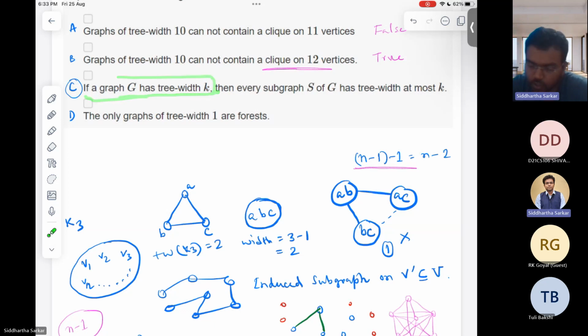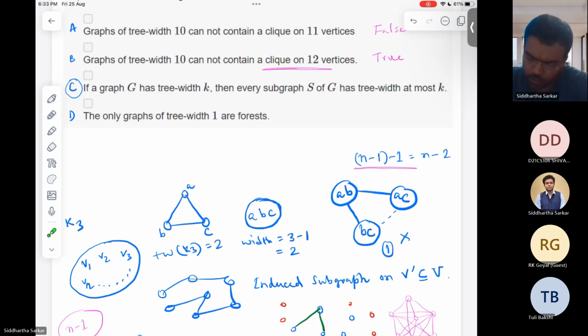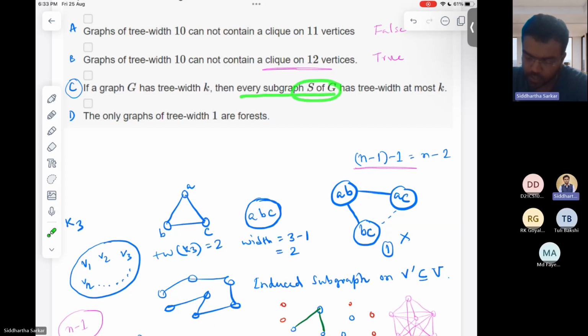That means there is a tree decomposition, a way to decompose this graph such that the bag containing the maximum number of elements in that tree decomposition has k plus 1 vertices. Now you are looking at a subgraph S of G, so some of the edges and vertices are deleted.